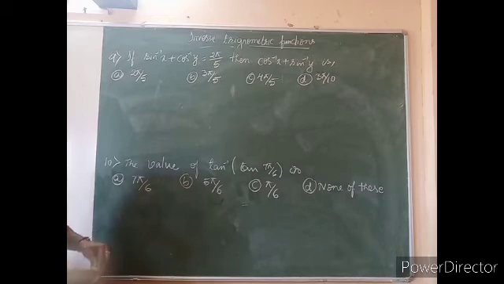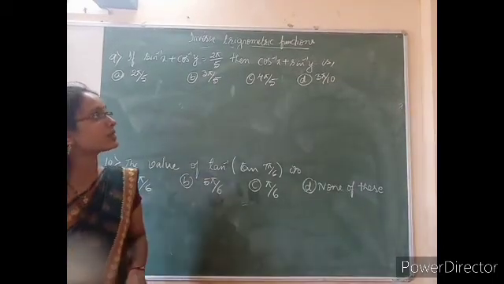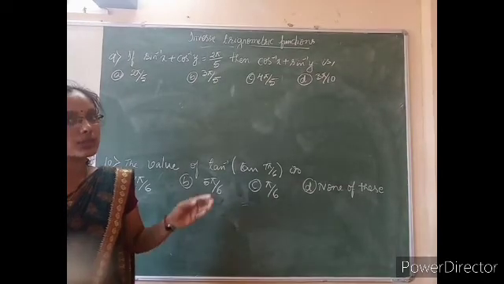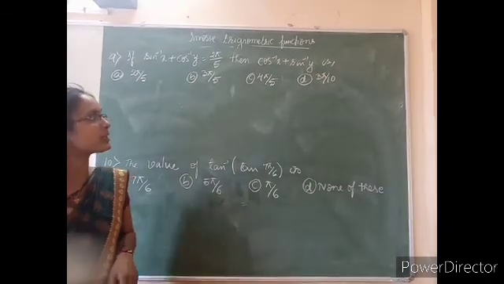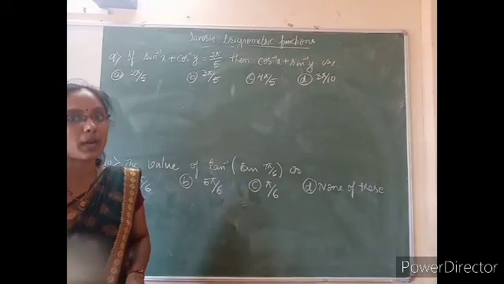The next question is, if sine inverse of x plus cos inverse of y is equal to 2 pi by 5, then the value of cos inverse of x plus sine inverse of y is, we have to find. We use the same result, sine inverse of x plus cos inverse of x is equal to pi by 2.